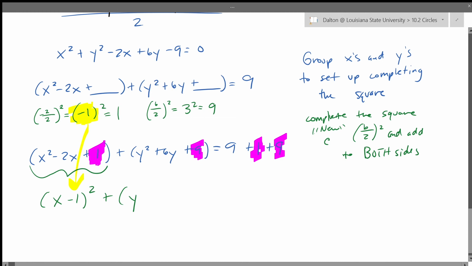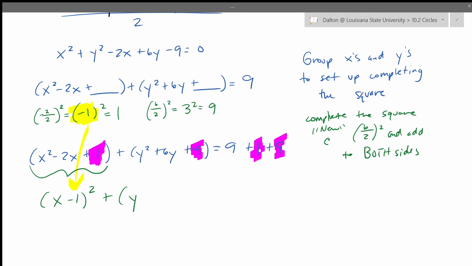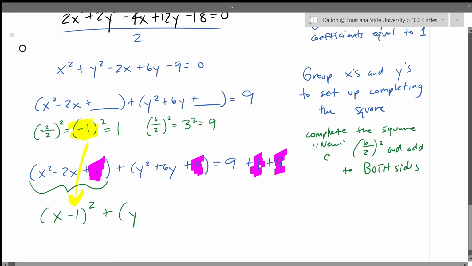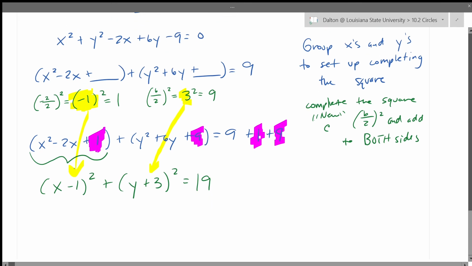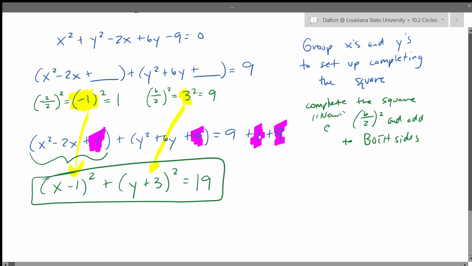Yeah, you can figure out what two numbers multiply to be 9 and add to be 6. Or we can just drop in this b over 2, which we knew was a positive 3, and just do y plus 3 squared. And then 9 plus 1 plus 9 is 19. So this is the first step of your answer. That is the equation of the circle in standard form.